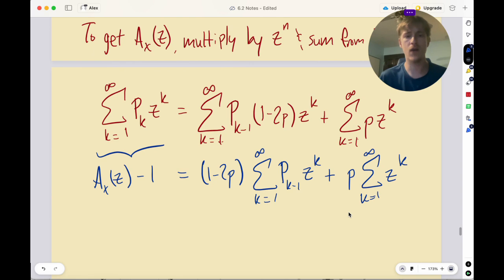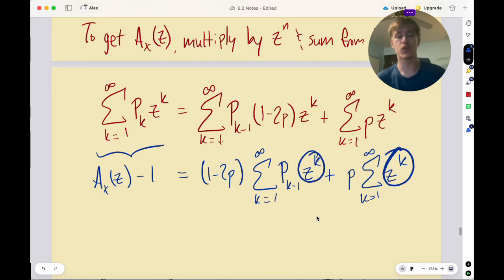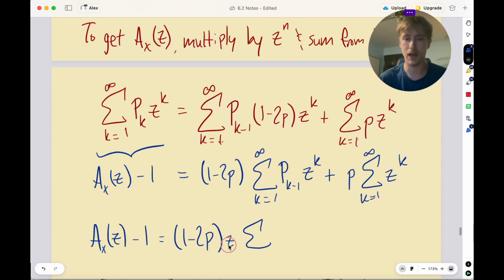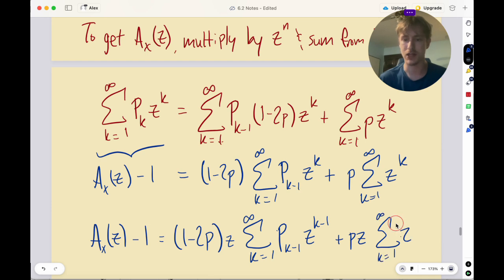Now I'm going to factor a z from both of these terms. You're going to see why in just a minute. If I do that, then I get that the generating function of z minus 1 is equal to 1 minus 2p times z times the sum from k equals 1 to infinity of P_{k-1} z to the k minus 1, plus pz times the sum from k equals 1 to infinity of z to the k minus 1. Hopefully you're with me so far.